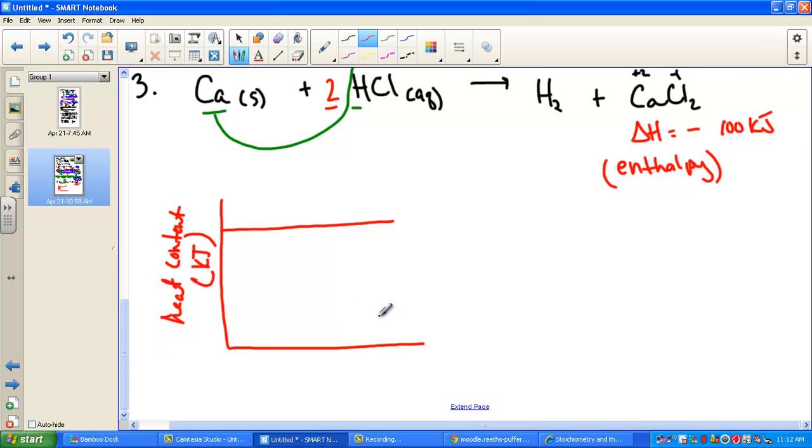Alrighty, so if it's releasing heat, the reactants indeed contain more heat, and it's letting that go as it forms the products. And label this as well. Delta H difference between reactants and products is 100 kilojoules. Heat releasing reactants, when they form products, are now at a lower state.